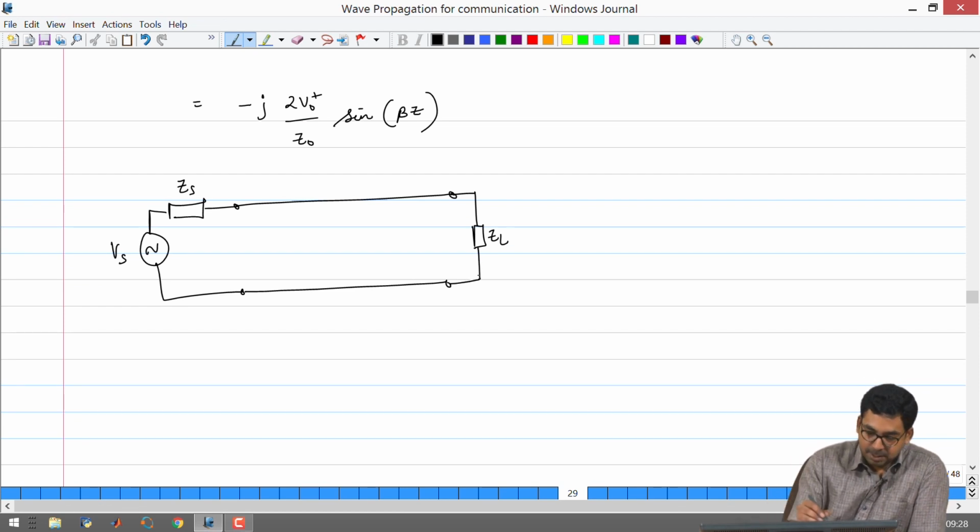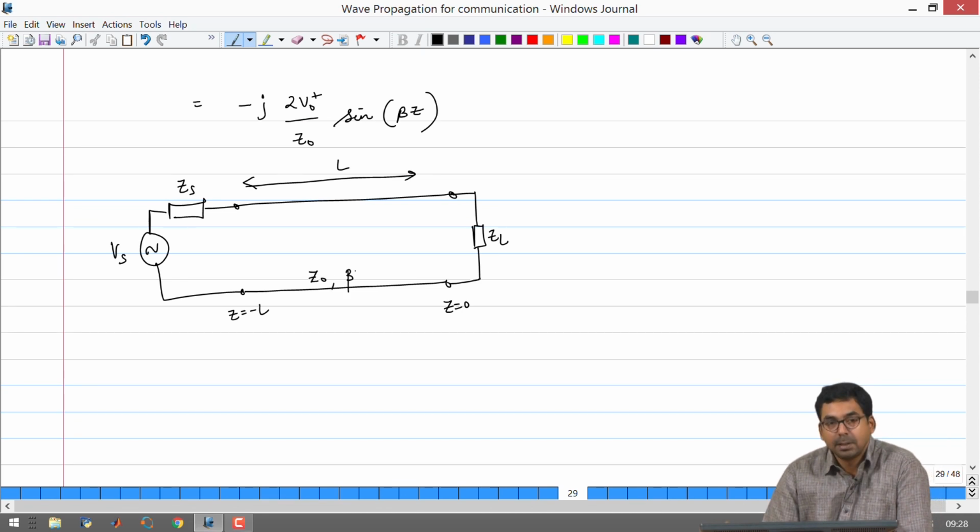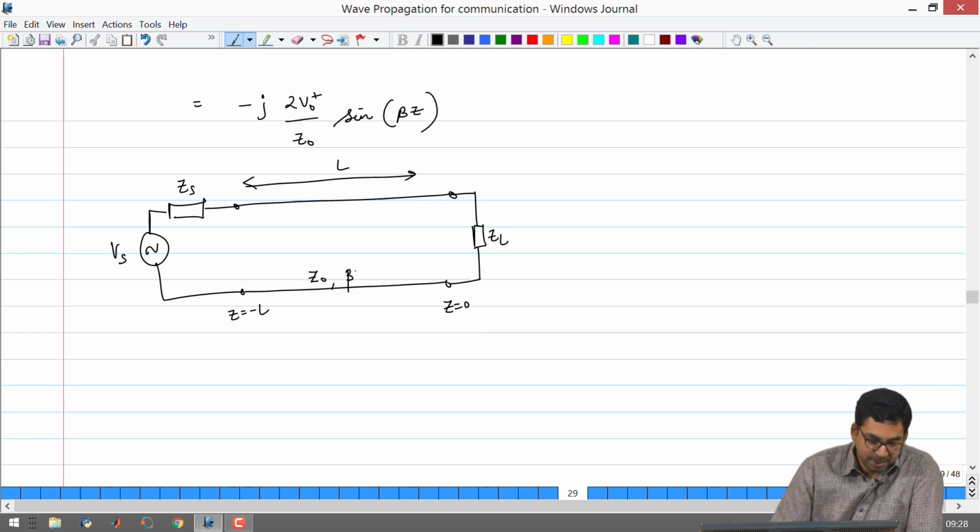The length of the line is L, and I am maintaining the same coordinate system, which means that I am going to mark the load end to be position z equal to 0, and the input position z equal to minus L. The characteristic impedance of the transmission line is Z naught, and the phase constant is beta.